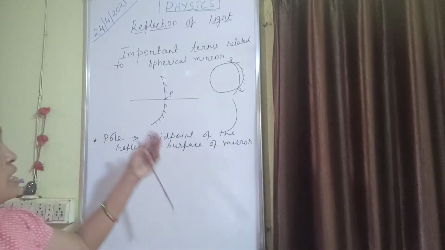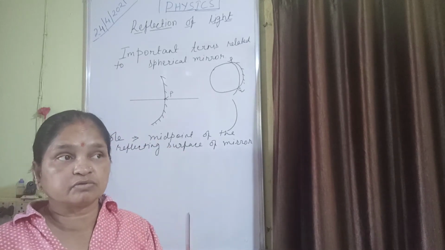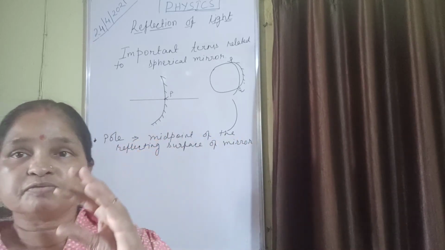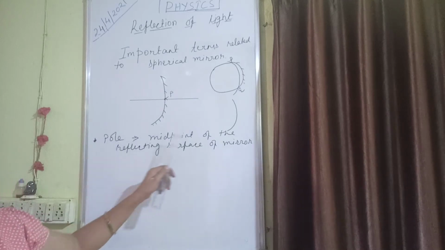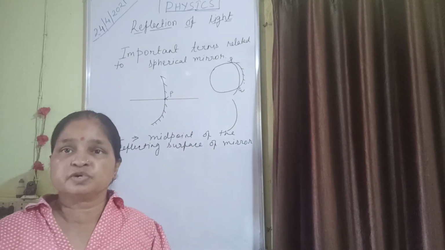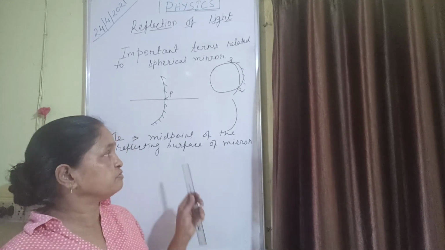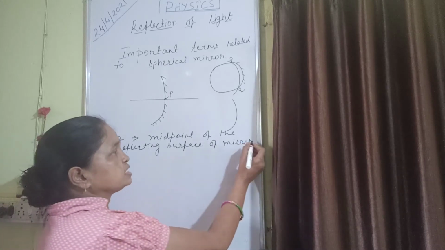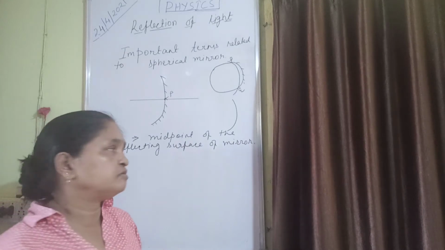Which mirror? Concave mirror or convex mirror, any mirror, wherever the question asks. If the question asks to define pole of concave mirror, then you write pole is the midpoint of the reflecting surface of concave mirror. If the question relates to convex mirror, you write it with convex mirror. So respective of the mirror, you will write the answer. That's why I have not written concave or convex.